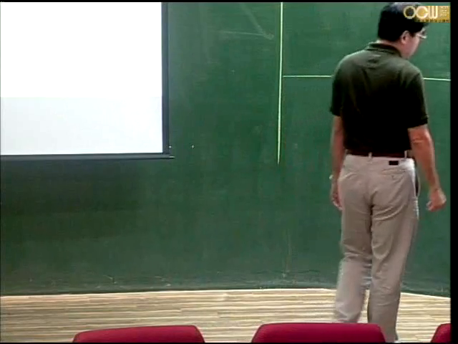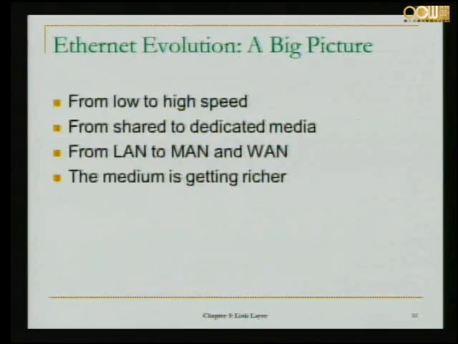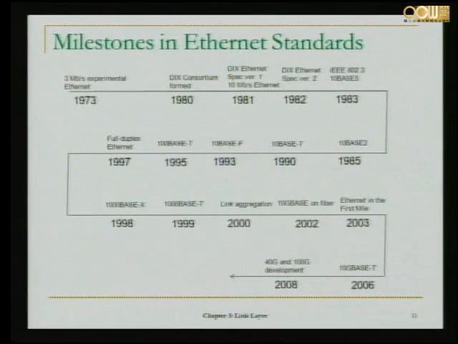So it evolved in these four directions, with these milestones. From the early 70s to the first commercial Ethernet in the early 80s. And in the 90s, it was already getting very popular.